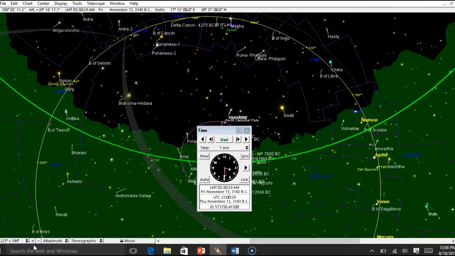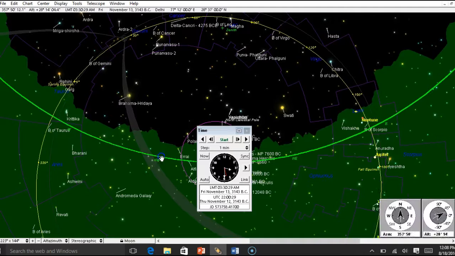What you see on the screen is the astronomy simulation for this first day as proposed by Shri Prabhakar Venkatesh Hole. 13 November 3143. The timing is around 4 o'clock in the morning.